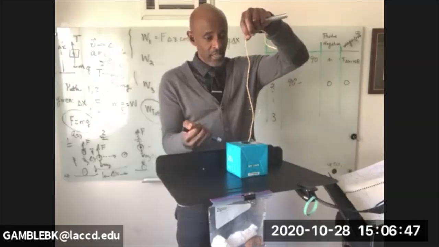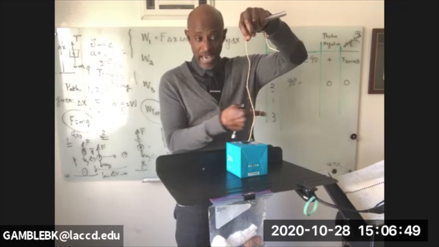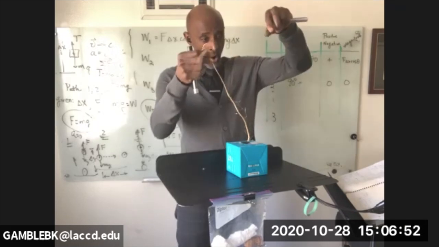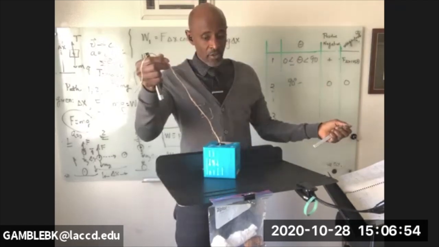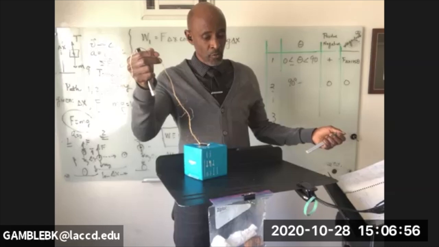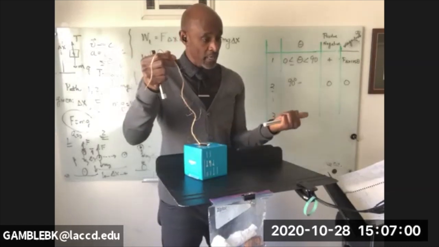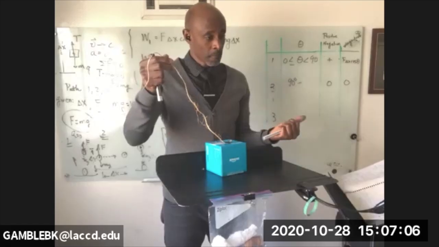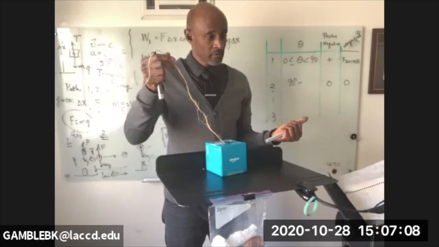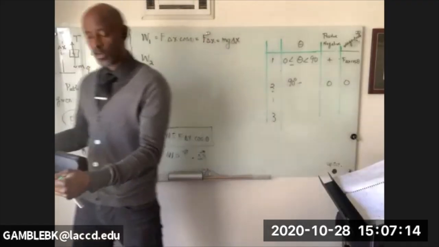When I get to 90 degrees, friction is zero because it's not moving horizontally. When I flip over 90 degrees, now the tension is making the thing move in the opposite direction, and the frictional force flips 180 degrees and is going in the opposite direction. So relative to the direction of motion, friction is still 180. You see that? So for the frictional force, the angle is always going to be 180.